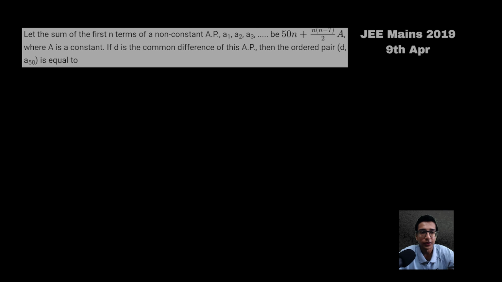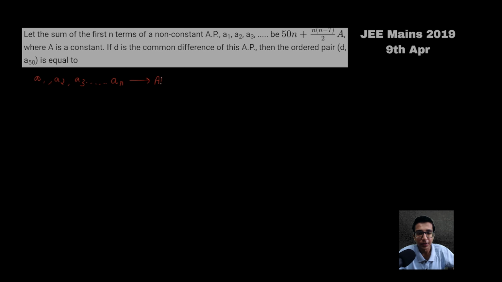Let the sum of the first n terms of a non-constant AP a1, a2, a3 be 50n plus n into n minus 7 a by 2, where a is a constant. So first let's write whatever has been provided to us. a1, a2, a3 up till an.